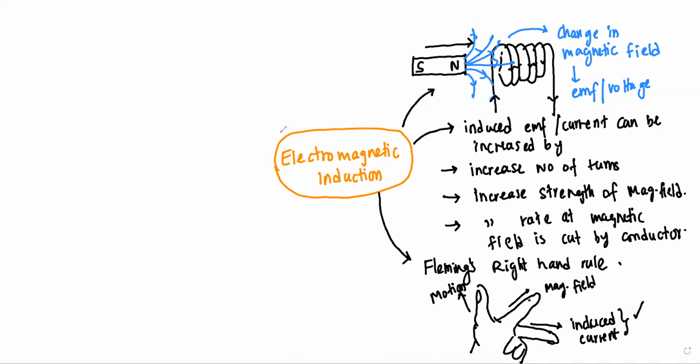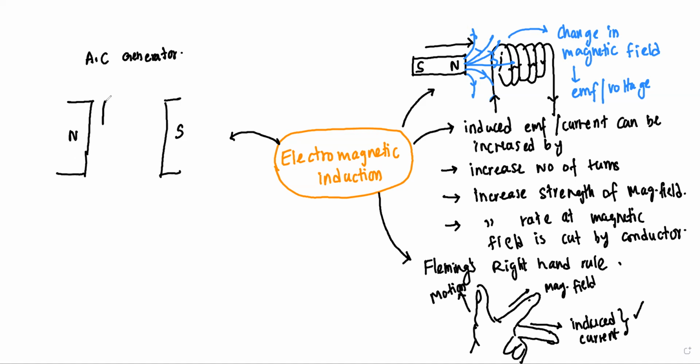Now, let's see what the structural parts are in a simple AC generator. A simple AC generator consists of these parts. Especially we have two opposite magnetic poles, north and south, and it has a coil.